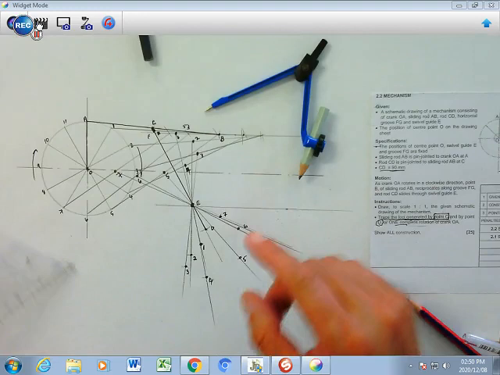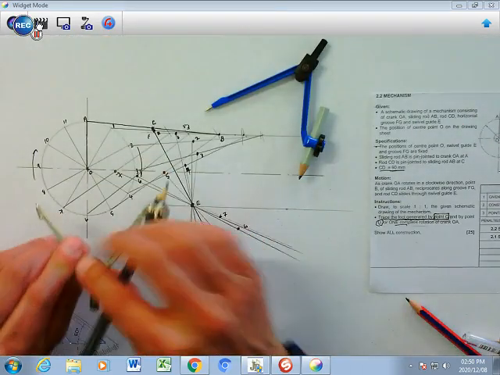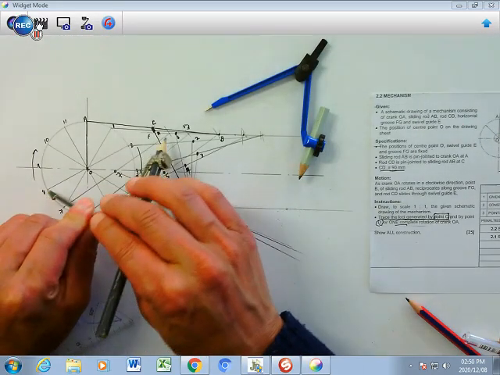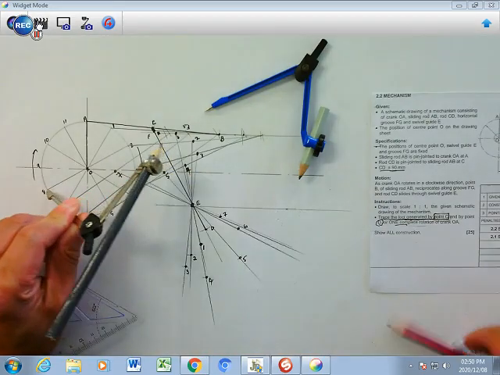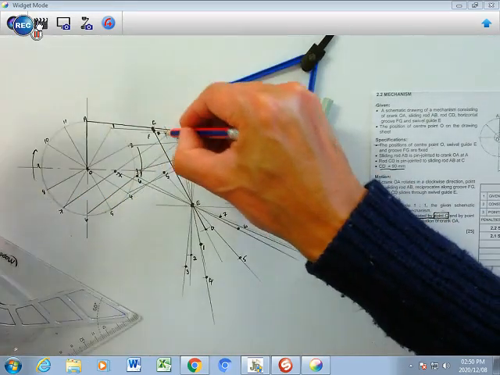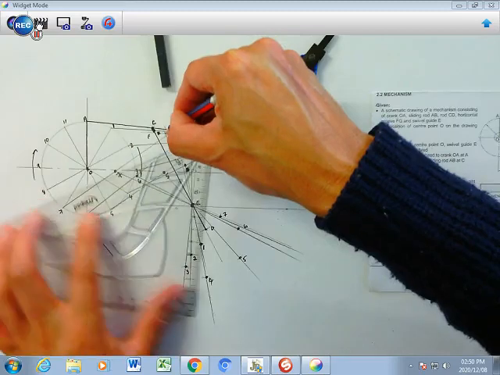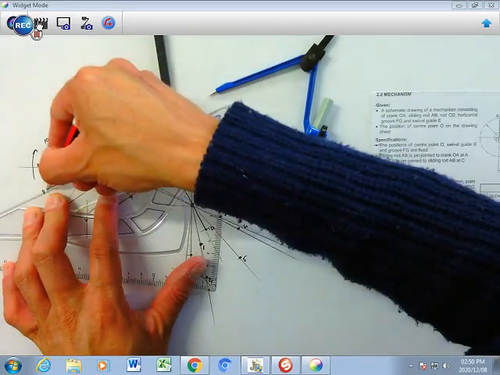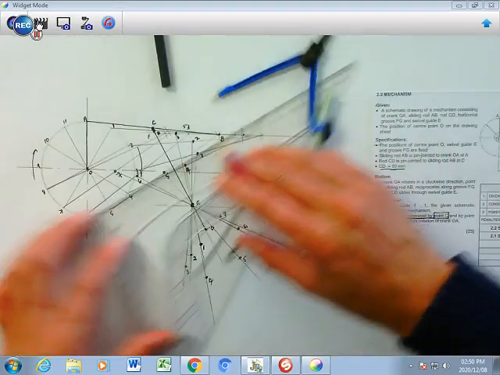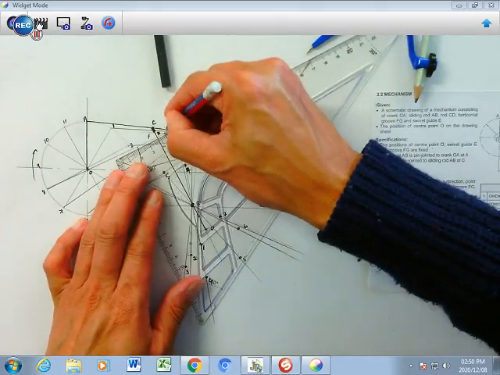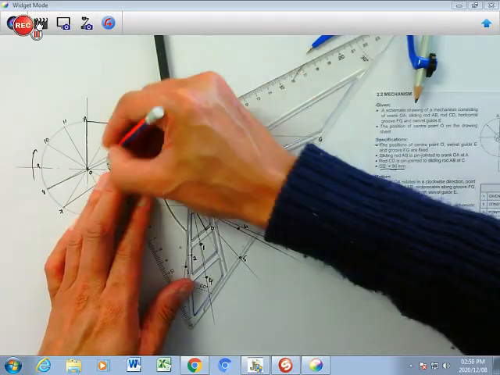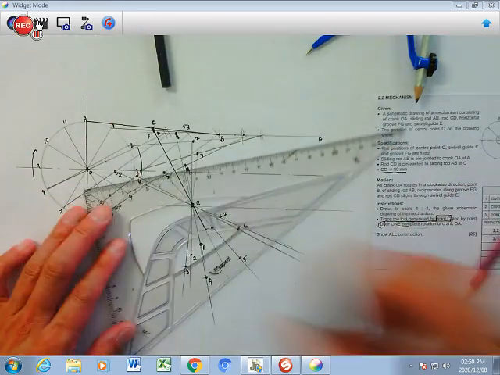Okay, we go to 8. 8 is here. Cut it off on that line there. I draw a line to number 8. On that I measure my 53, which is there, mark it clearly.